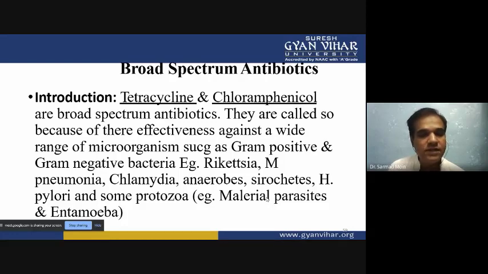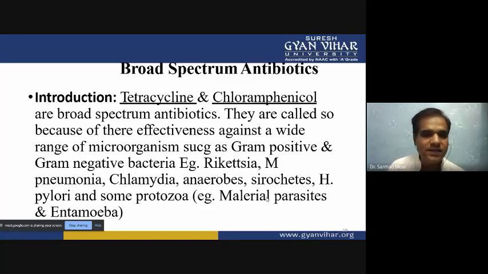Both are sensitive to tetracycline and chloramphenicol, and they are not resistant. Only a few organisms are tetracycline resistant or chloramphenicol resistant, but most bacteria are sensitive to tetracycline and chloramphenicol.